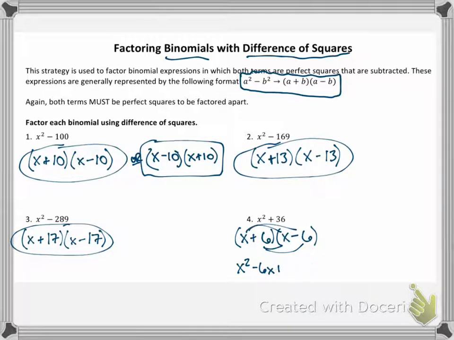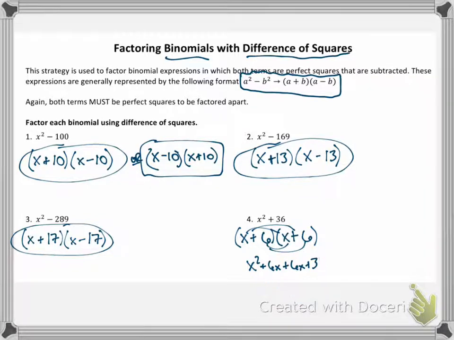Well, let me play with the signs here. What if they were both addition? So again, I distribute. I get x squared plus 6x plus 6x plus 36. Now I get x squared plus 12x plus 36. Well, that didn't match. That's still a problem.